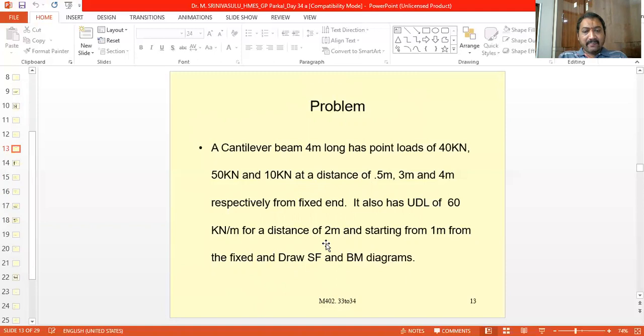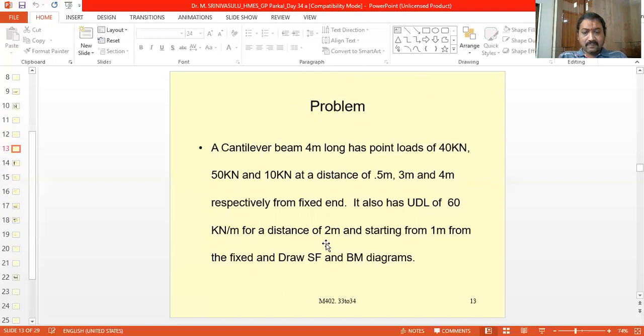A cantilever beam 4 meters long has point loads of 40 kN, 50 kN, and 10 kN at a distance of 0.5 meters, 3 meters, and 4 meters respectively, from the fixed end.